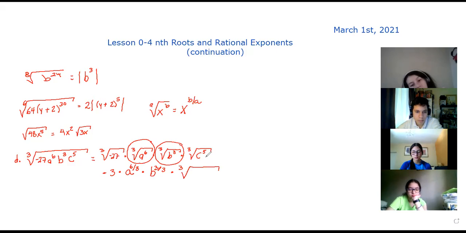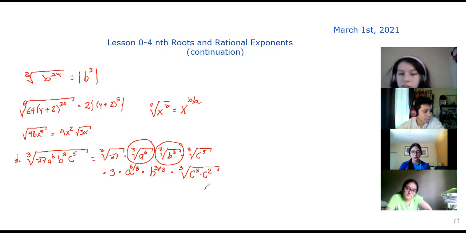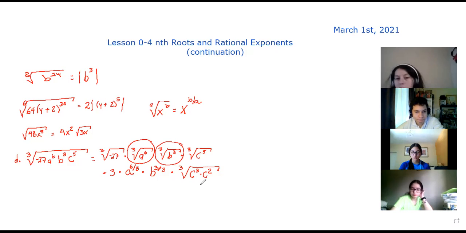Instead of doing the division, let's rewrite this c to the power of 5 as c to the cube times c to the square. You know that the property tells me that if I have two powers that have the same base, I copy the base and I add the exponents. 3 plus 2 is 5. Until there, are we clear?